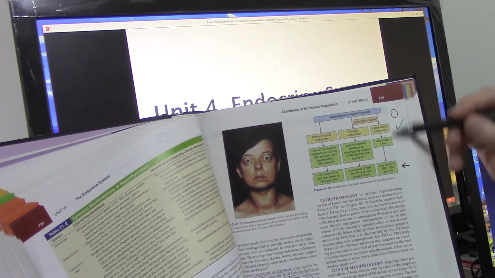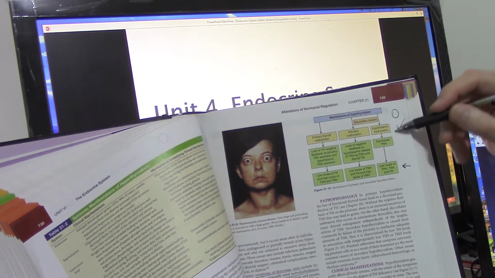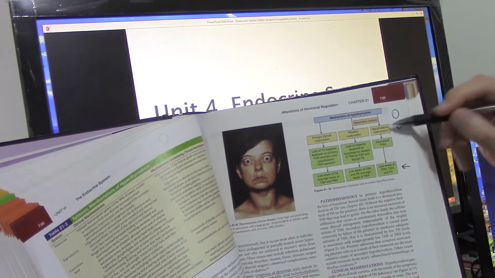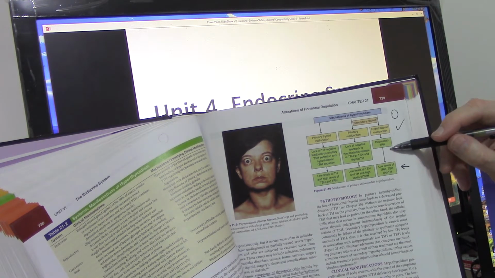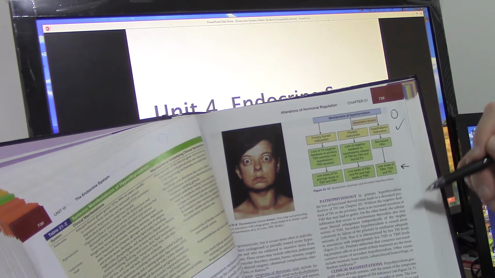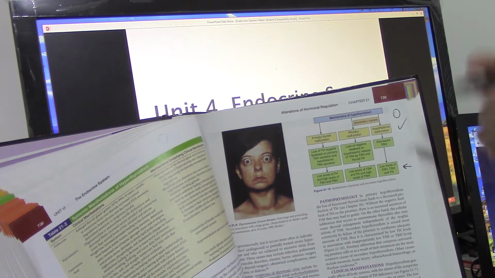Now, the last situation is that it's possible the hypothalamus is malfunctioning. If that's the case, you're not going to have TRH coming, because remember, that's what's secreted by the hypothalamus. And so if there's no TRH coming to hit the anterior pituitary, it will not secrete TSH, so that's going to be low.